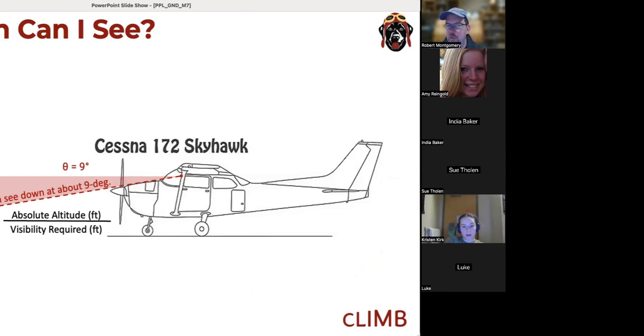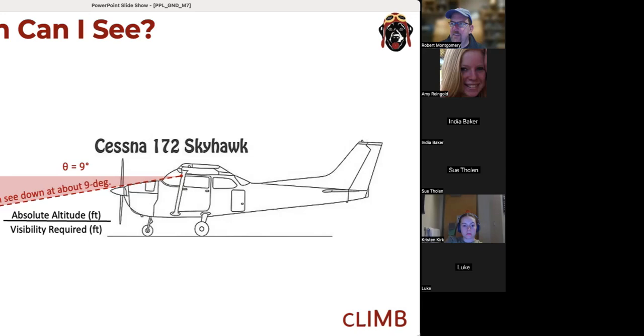We can't see straight down from an airplane. We're not a helicopter. If you're in a Skyhawk and you're looking for, I did this arithmetic. I put the dot about where my eyes are. I'm pretty tall, so you might get different results, right? But I did the arithmetic, and I came to the realization that I can see downwards at about 9 degrees.